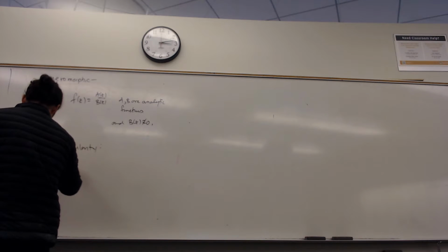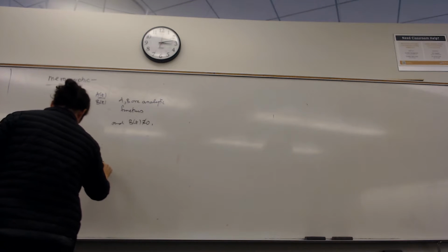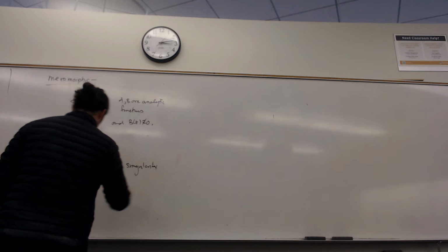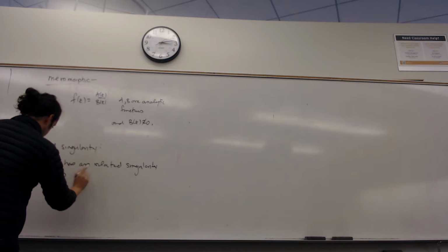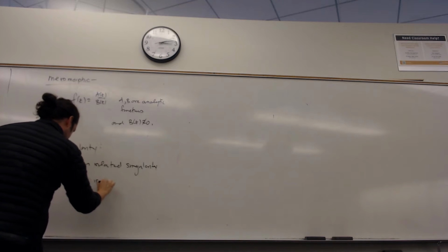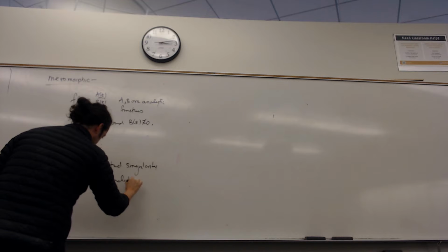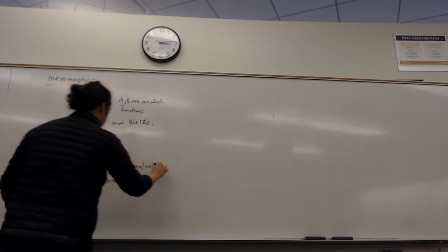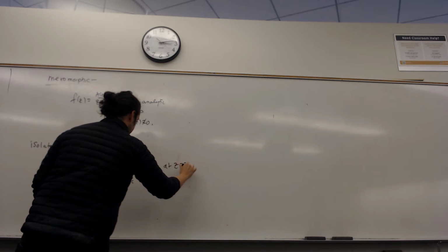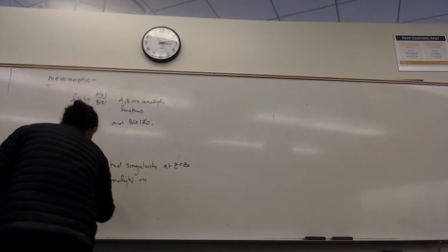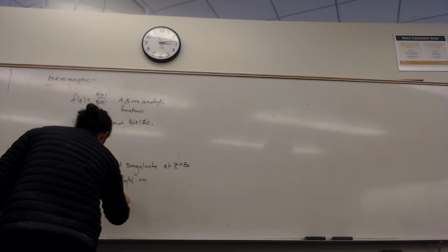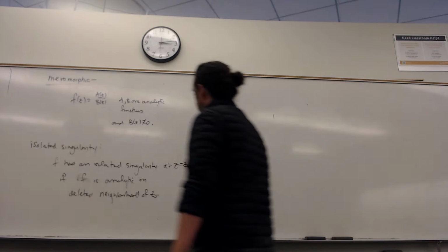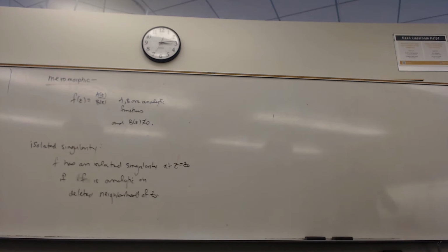So f has an isolated singularity at z equal to z naught if f is analytic on a deleted neighborhood of z naught. And then we said that isolated singularities come in 3 flavors, right?